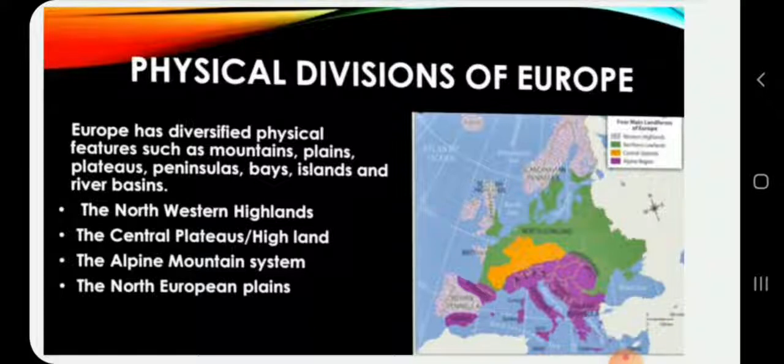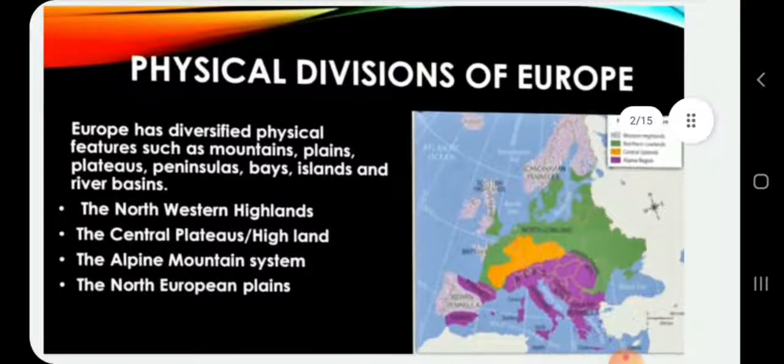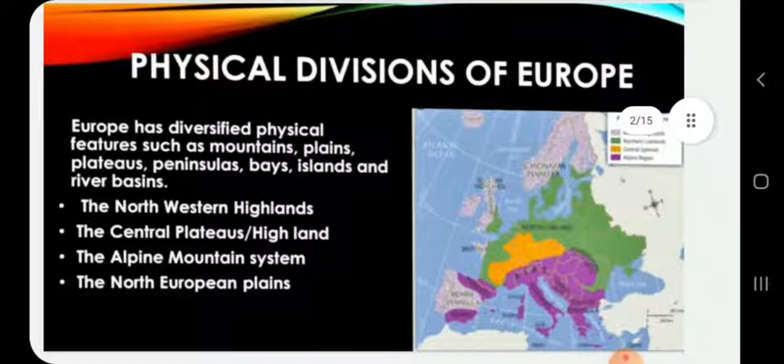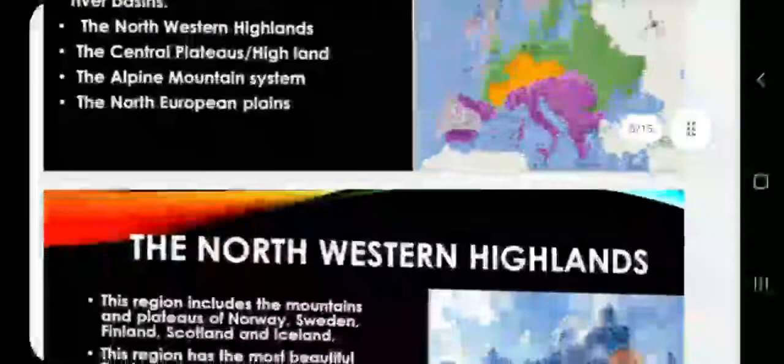It can be divided into four physical divisions: the Northwestern Highlands, the second is the Central Plateaus, the third one is the Alpine Mountain Systems, the fourth one is the North European Plains. I'm going to explain one by one.